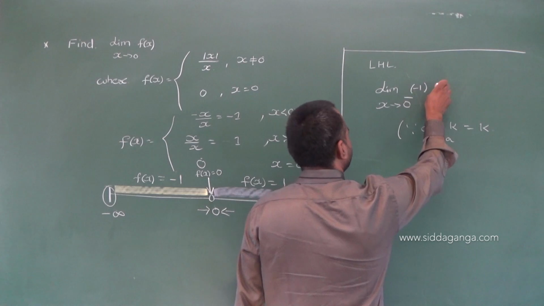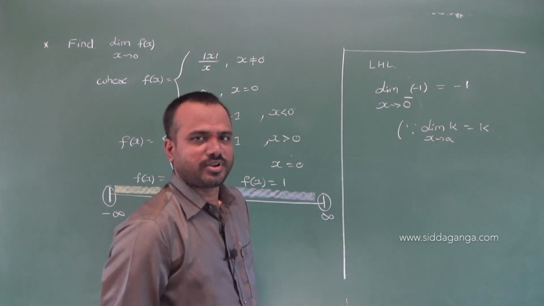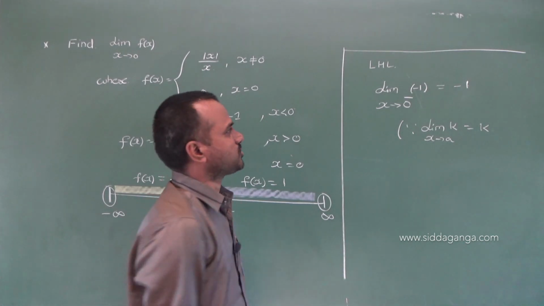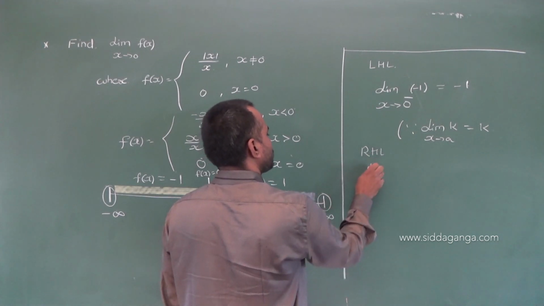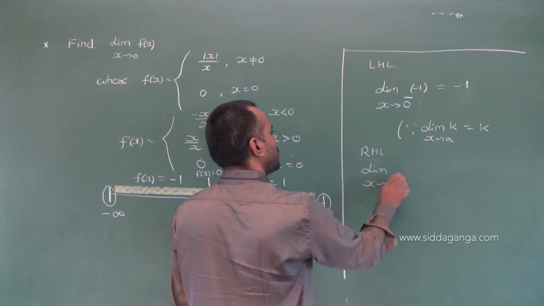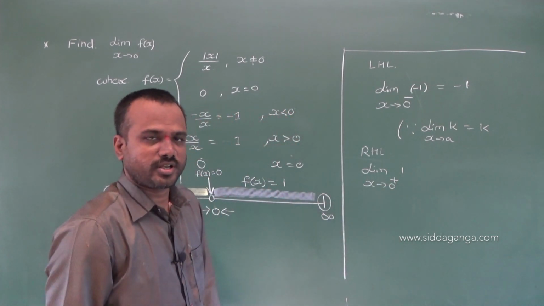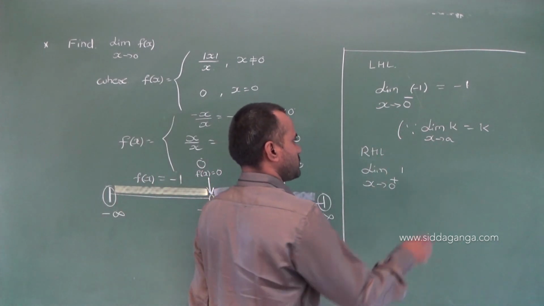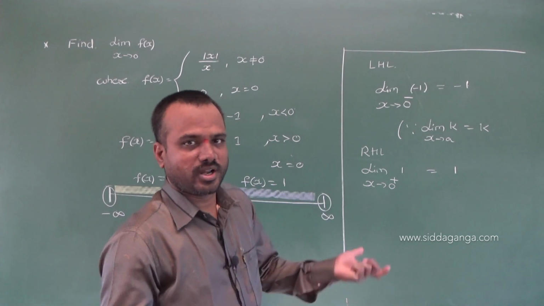Minus 1 is a constant value, so the answer is minus 1. Left hand limit value is minus 1. Right hand limit: limit x tends to 0 plus, the function is 1. By using this result, right hand limit is 1.